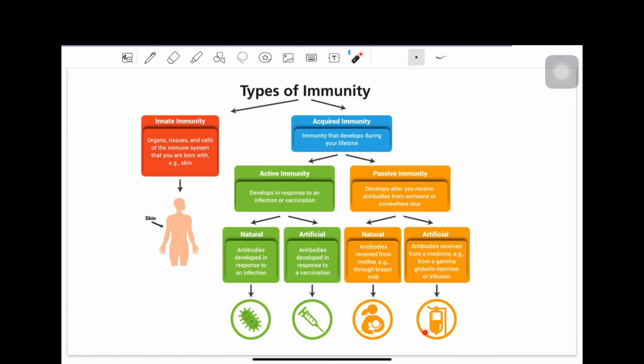So these antivenom antibodies are injected into the person who has been bitten by a snake. Therefore, these antivenom antibodies will quickly try to neutralize the snake venom and will quickly save the person. So that is also a type of passive immunity, but this is artificial because we are receiving these antibodies as a part of a treatment. So these are the different types of immunity that we have discussed, active and passive.